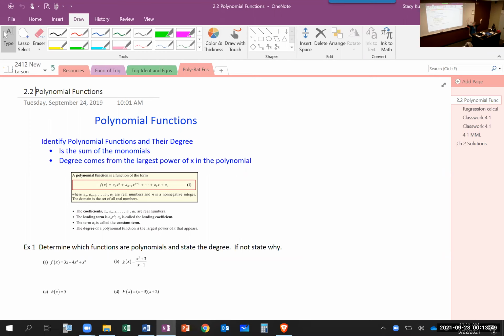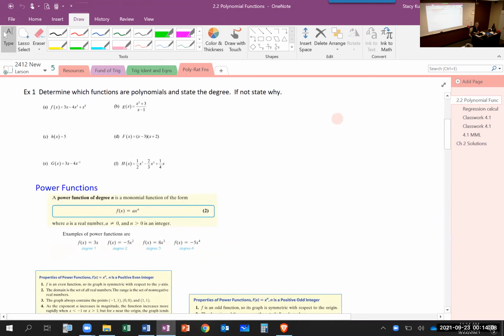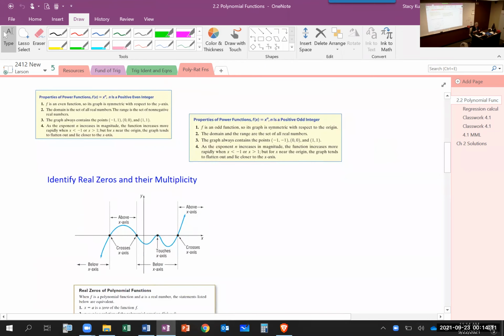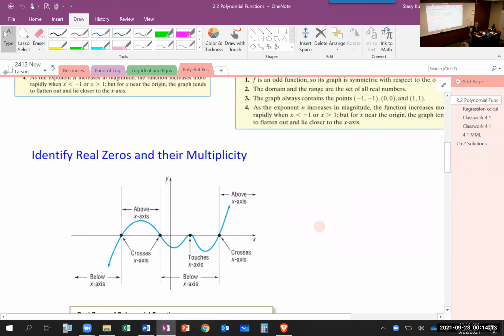They're both going to go in the same direction, either both to positive infinity, or both to negative infinity. What do odd functions look like? Like an Egyptian, right? So that's polynomial functions and their end behavior.